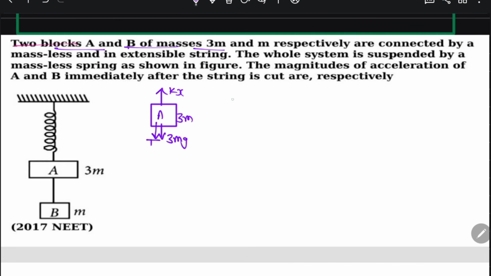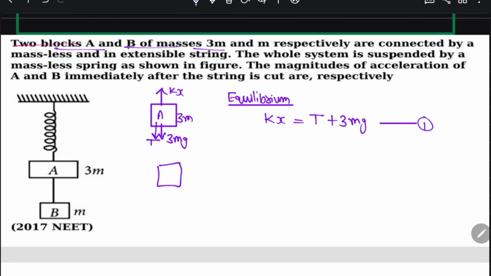So in equilibrium, Kx is equal to T plus 3mg. This is equation first. And for block B that has a mass m, tension acts upwards and mg force acts downwards. So I can write T is equal to mg. This is our equation second.